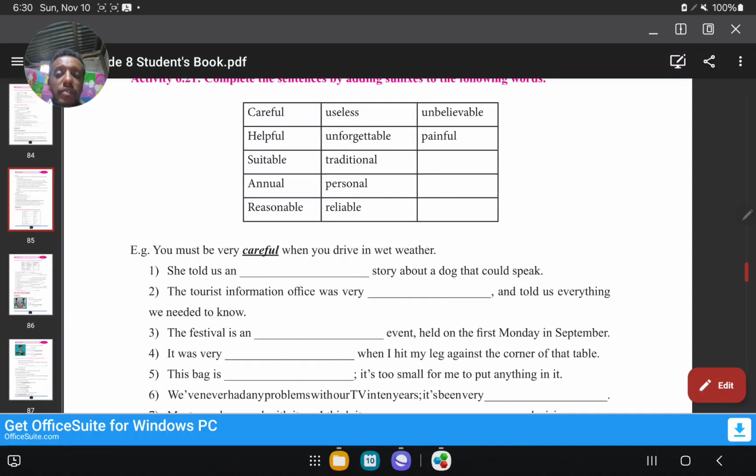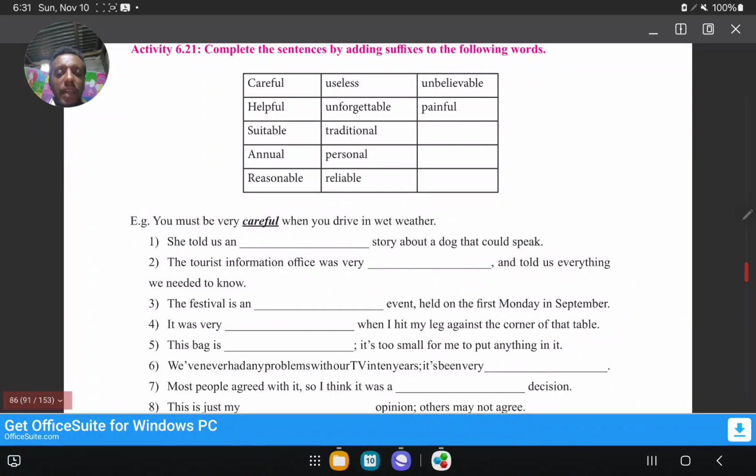Before you answer, try to study the meaning of the words in the box, in the table: careful, helpful, suitable, annual, reasonable, useless, unforgettable, traditional, personal, reliable, unbelievable and painful. So it is better to understand the meaning of the word before you try to complete the sentence. Good job, let's do it together to save our time.